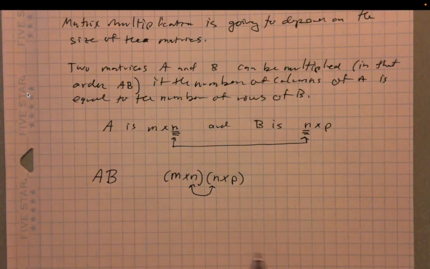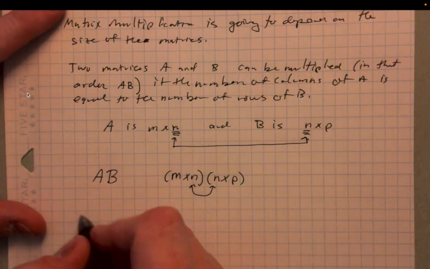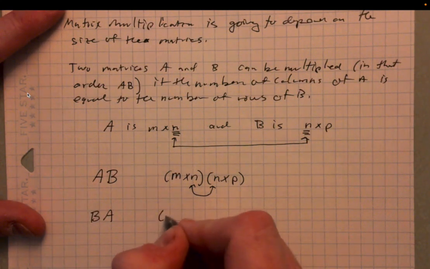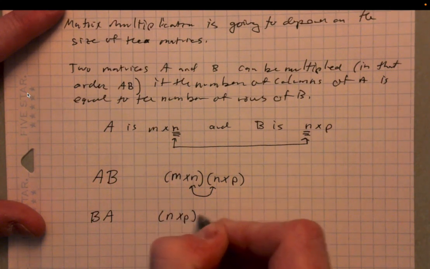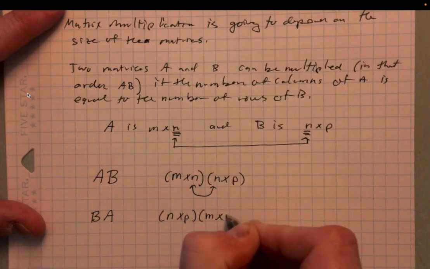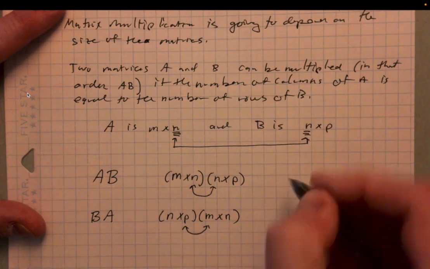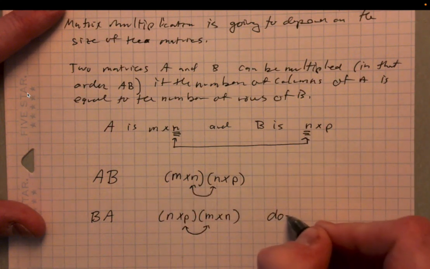And so in this case, if A is m by n and B is n by p, you've got no problem multiplying A and B. However, given the same two matrices, if I try to multiply B times A in this order, then that's like saying an n by p times an m by n. And so in this case, this doesn't work.